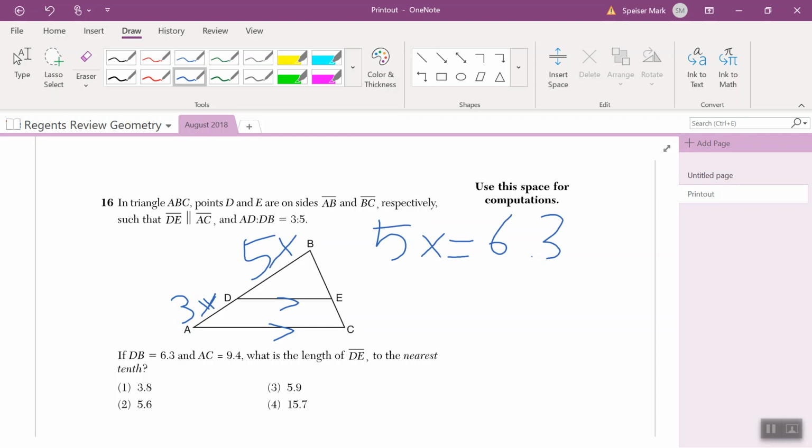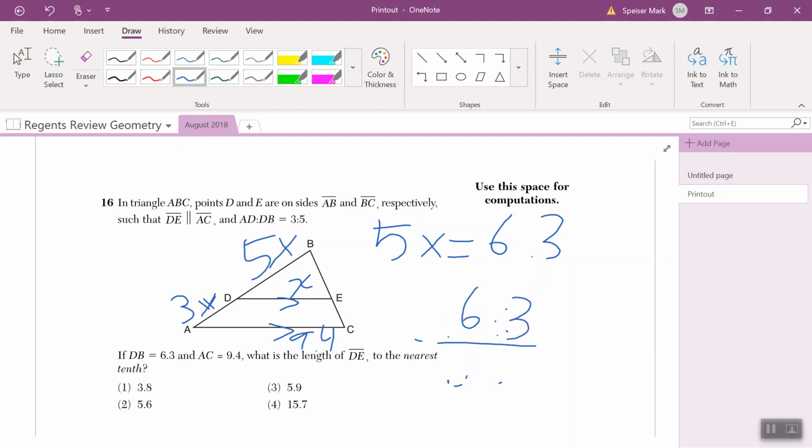And AC is 9.4. What's the length of DE to the nearest tenth? Now we do part to whole. So 5x to DE, or 6.3 is the DE.